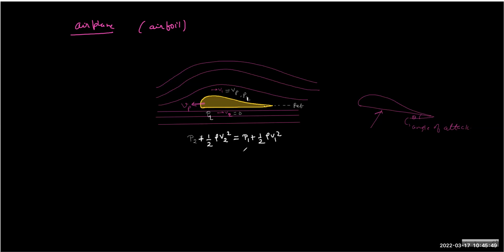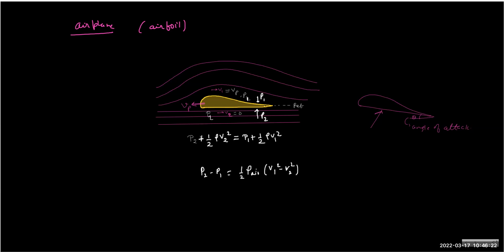Now this is pretty easy to understand, that the lift that we generate is because of the difference of pressure only. So we can say P2 minus P1, which is the pressure difference, is equal to half rho air times the velocity difference squared.